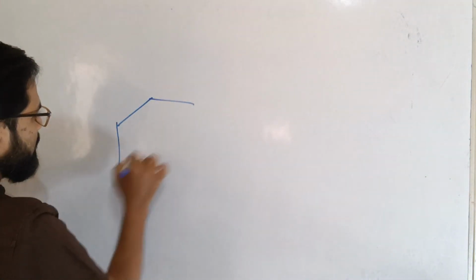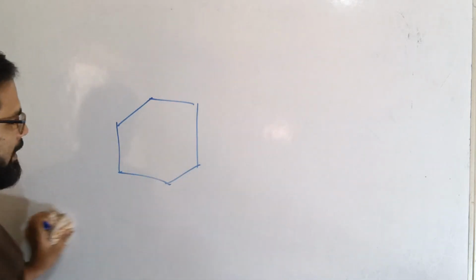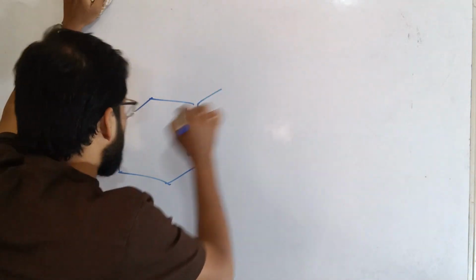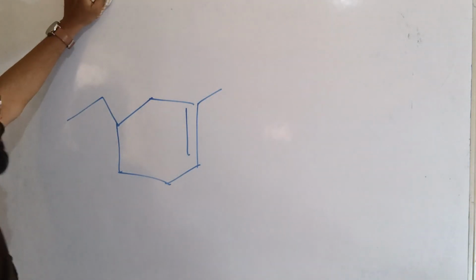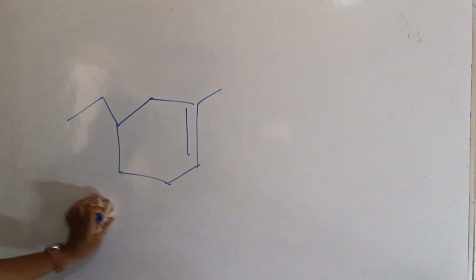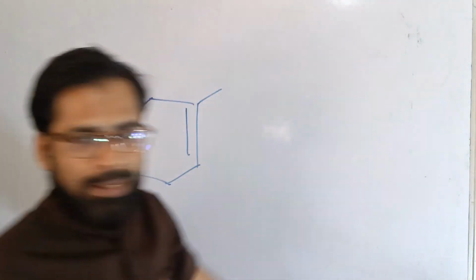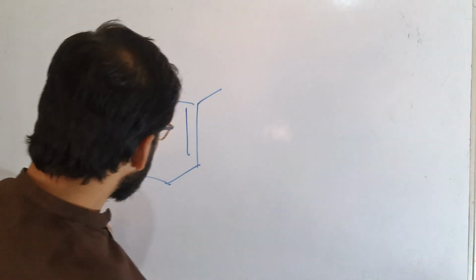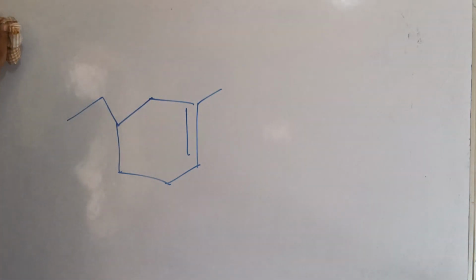With branching. Cyclic case with branching. What will be the name of this compound? So here the main thing is numbering. What will be the numbering in this case?